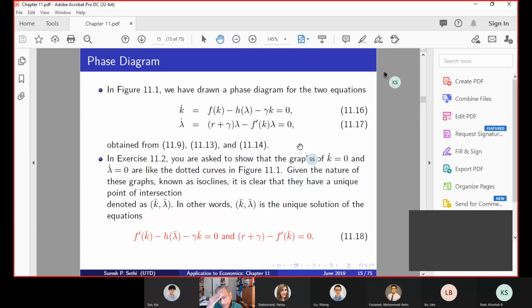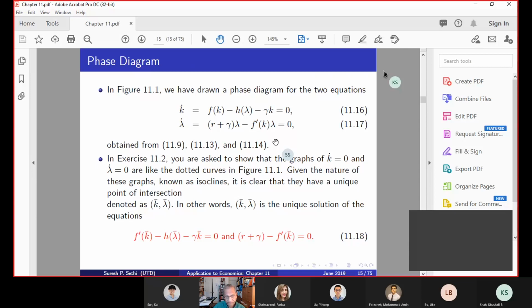So I want to find a stationary solution where k dot is 0 and lambda dot is 0. And I can easily find that point. I can prove that for the functions that I have, such a point exists. And then I need to find out that from any initial value of k0, I can select a value lambda 0 so that these two equations will converge to their solution.